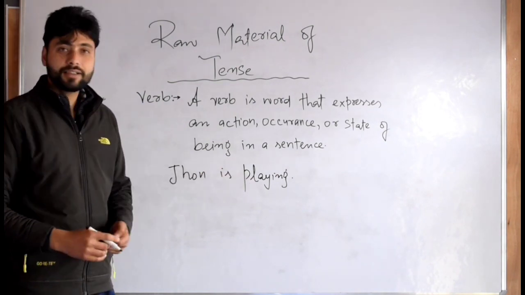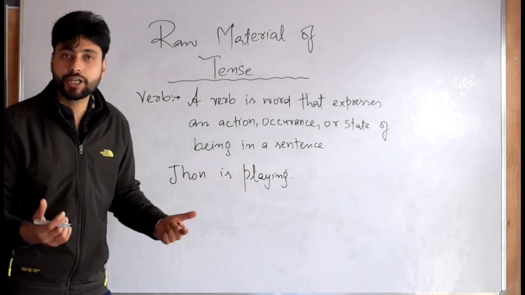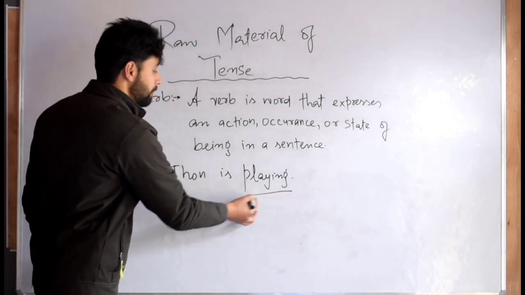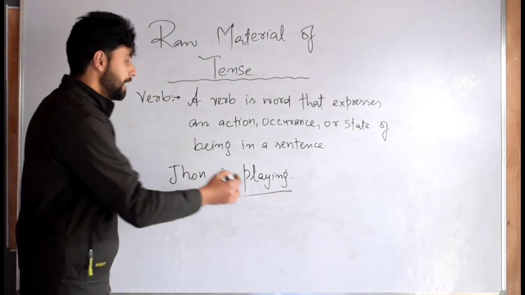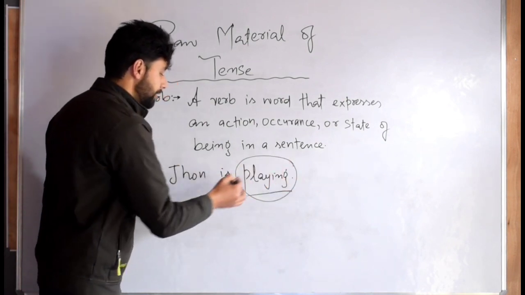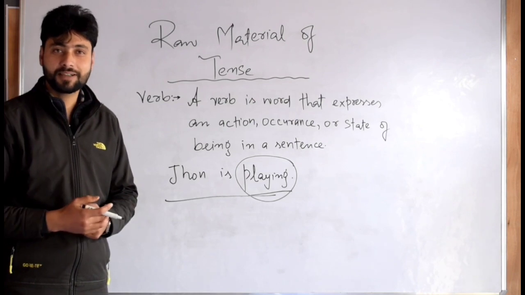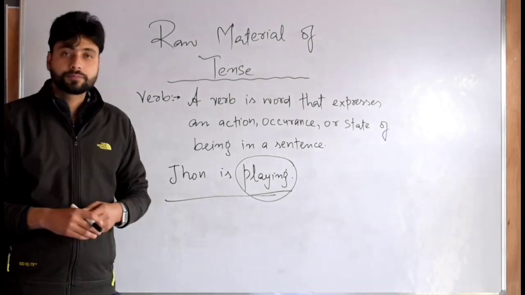And playing is verb, because playing is a kind of action John is performing, right? So here playing becomes verb. Playing is a word which becomes verb in the sentence, and that is how sentence gets complete.